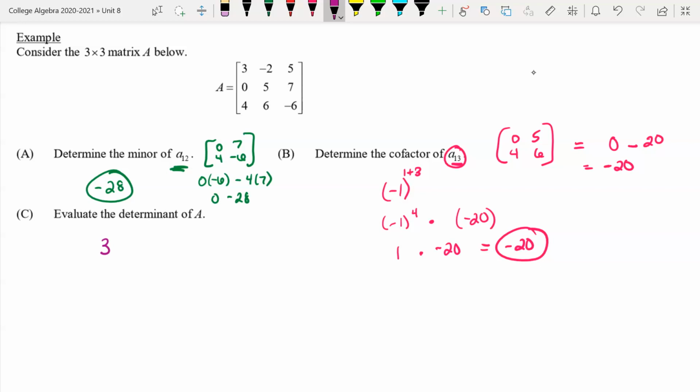So 3, I'm going to eliminate this column and this row. So I'm going to multiply it by the determinant of 5, 6, 7, and negative 6. All right, then we're going to take minus. So now we're going to repeat the process, but now we're going to use the middle number. So I'm going to say negative 2 times the determinant. I'm going to get rid of the first row, second column, and say 0, 4, 7, negative 6.